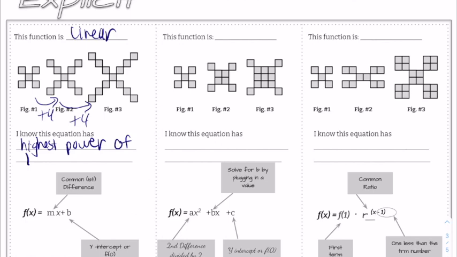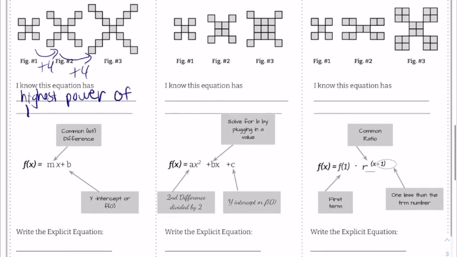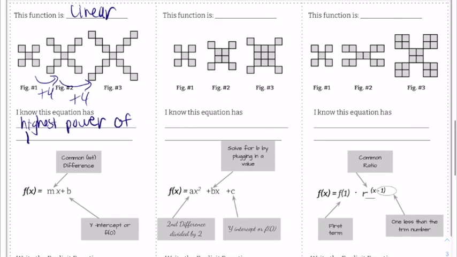So then here, when we write our explicit equation, we would have that we've got the m, which is 4x, f of x equals 4x, and then our 0th term. So if we were finding the 0th term here, that means if we were adding 4 going this direction, I would subtract 4.